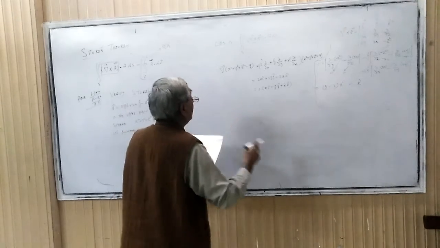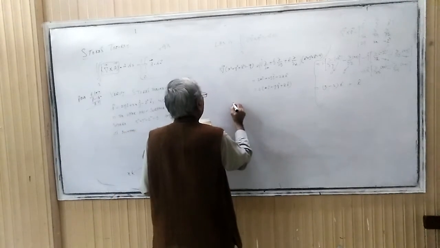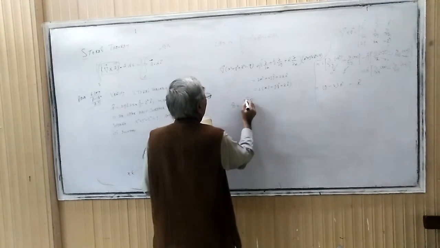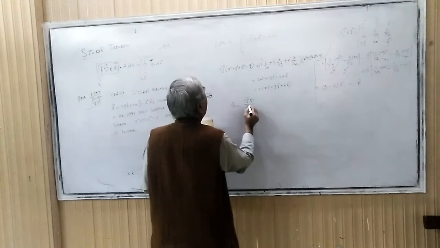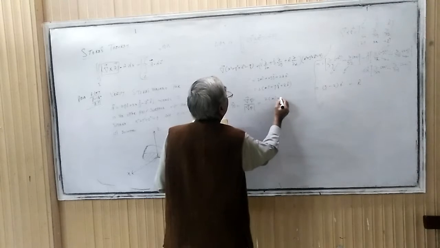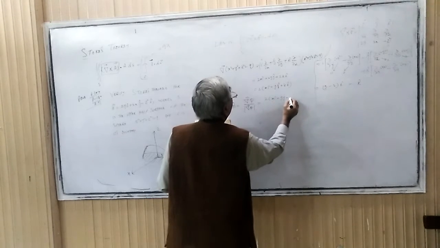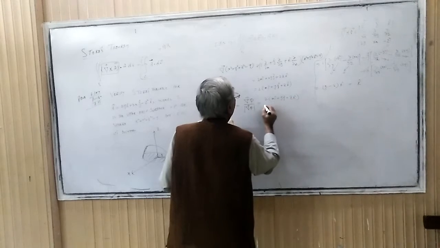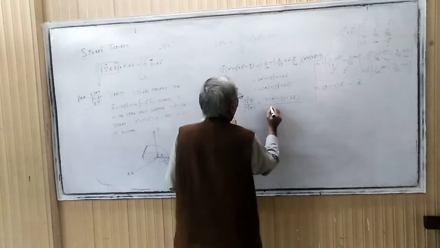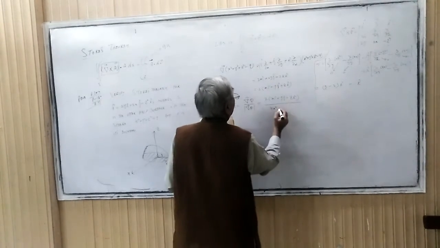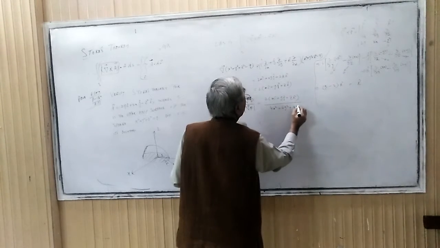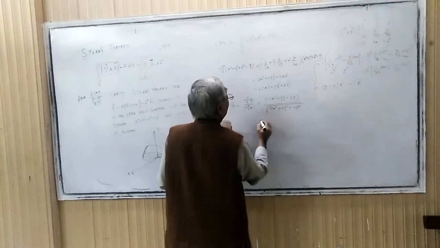Now what is a unit vector? A unit vector perpendicular to the surface will be del phi over the magnitude of del phi. So it is 2(xi plus yj plus zk) divided by the square root of 4x square plus 4y square plus 4z square.